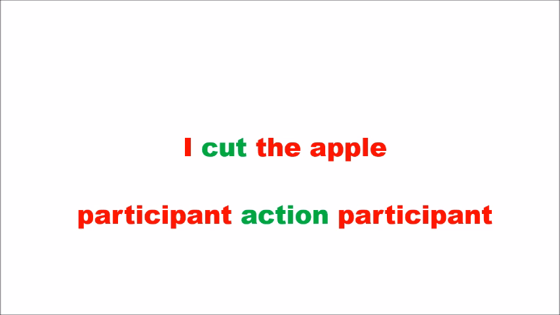We use the word participant instead of nouns because there can still be nouns in a sentence, but unless they're related to the action, they're not part of the clause. That might sound a bit confusing to start with, but it'll make sense. We can see the composition of this sentence is a participant with an action and then another participant.